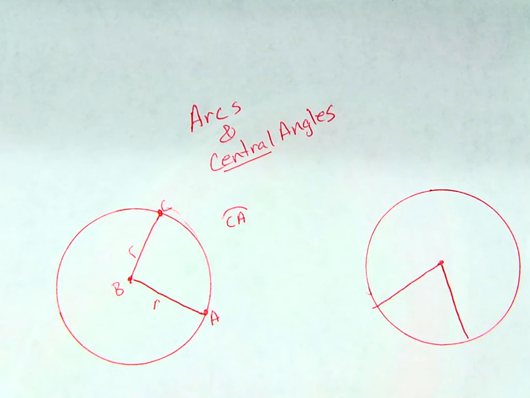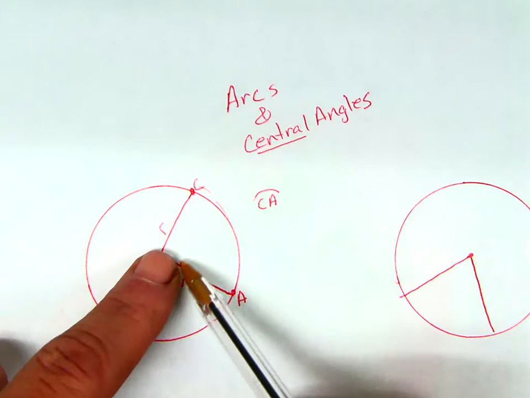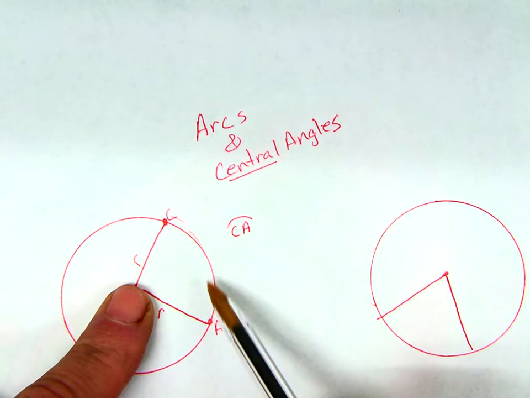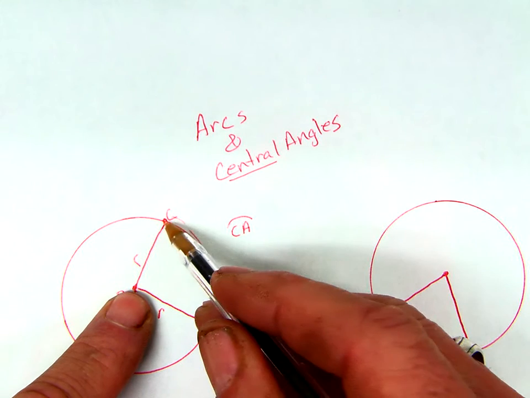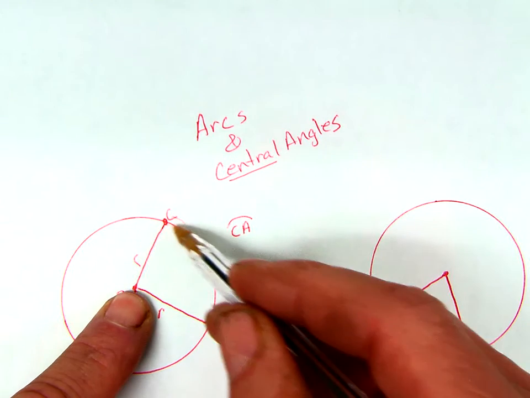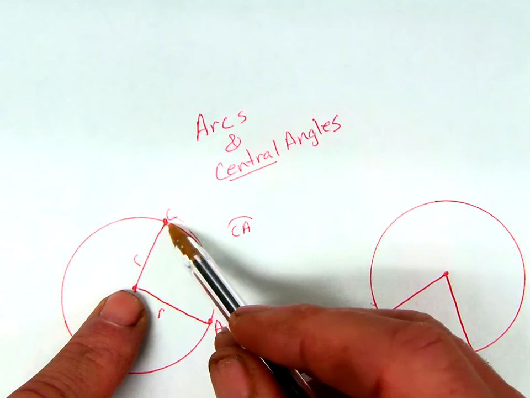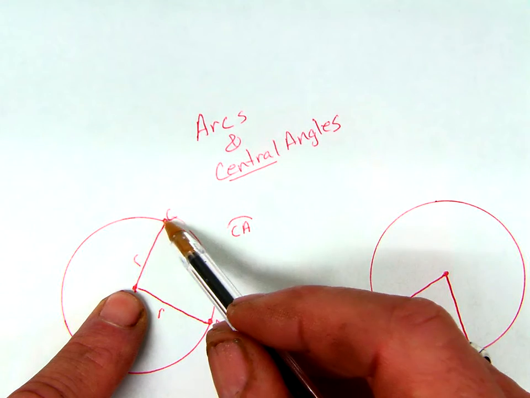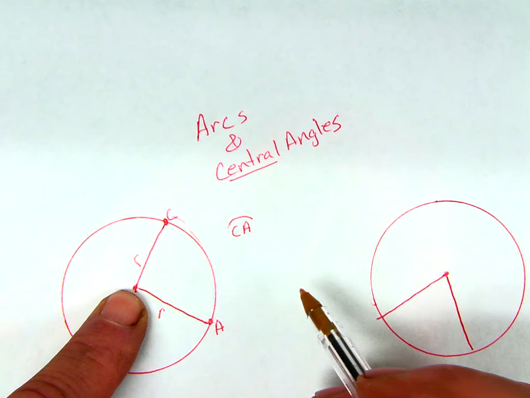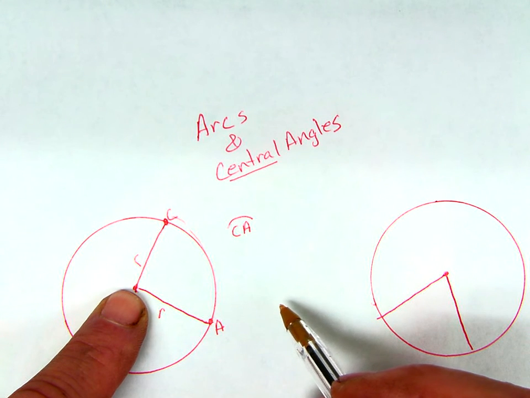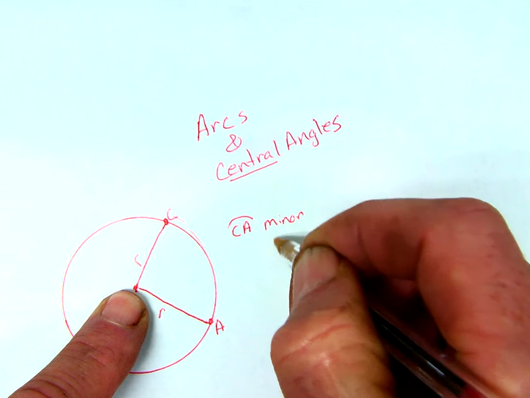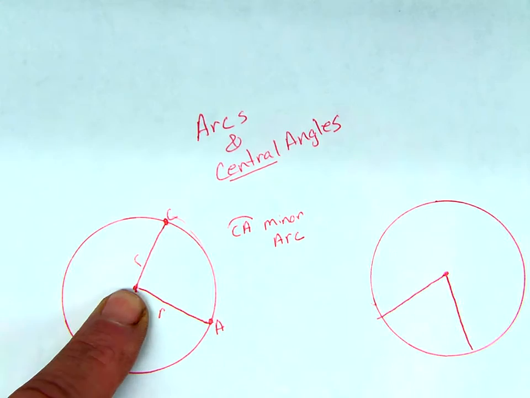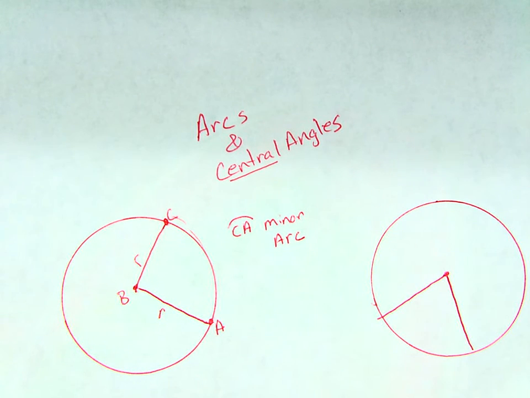Now there are actually two arcs that are created when you put a central angle into a circle. There's the one that's limited by the angle itself. Start here, stop there, by going in a clockwise rotation. This one is called the minor arc because it's the smaller of the two arcs that are made.